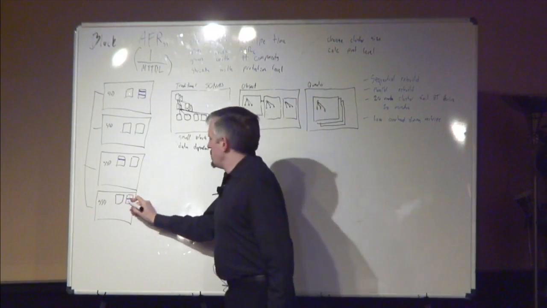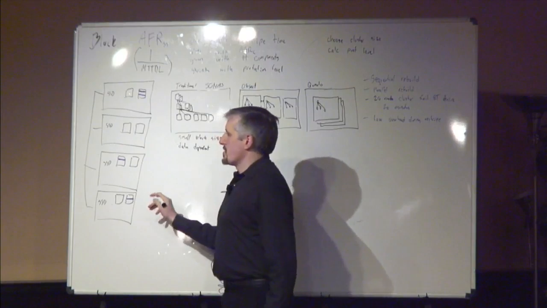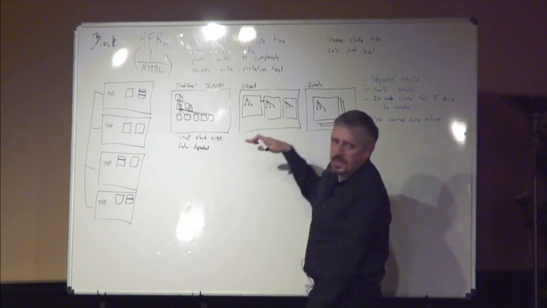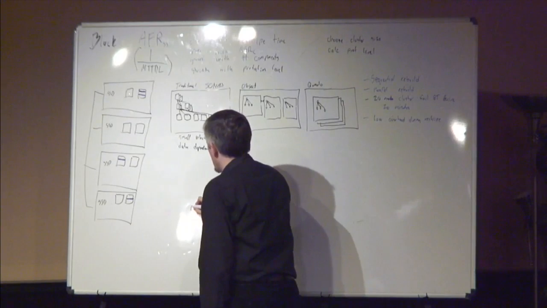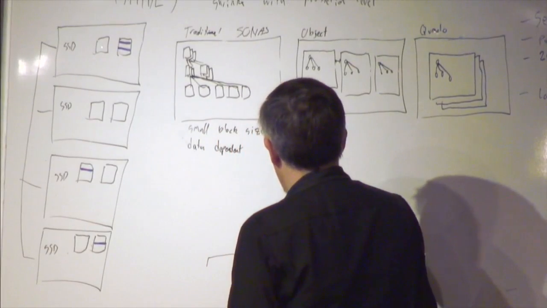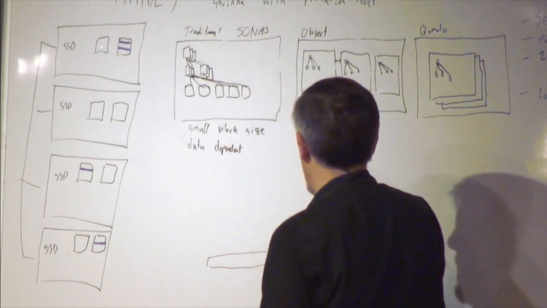So let's zoom in on one of these chunks and look at what the data path actually looks like in our system. We talked about how we have a 5 gig chunk of hard drive.